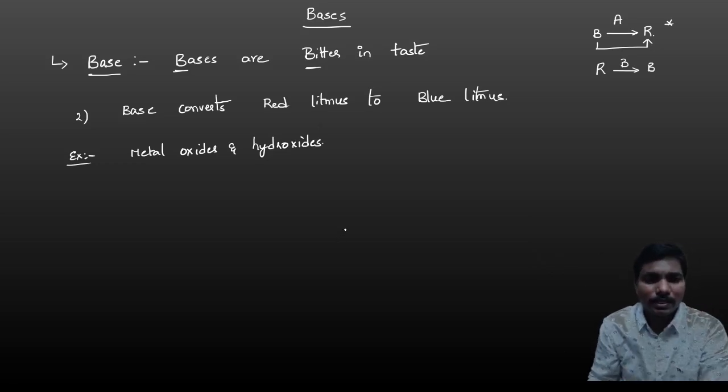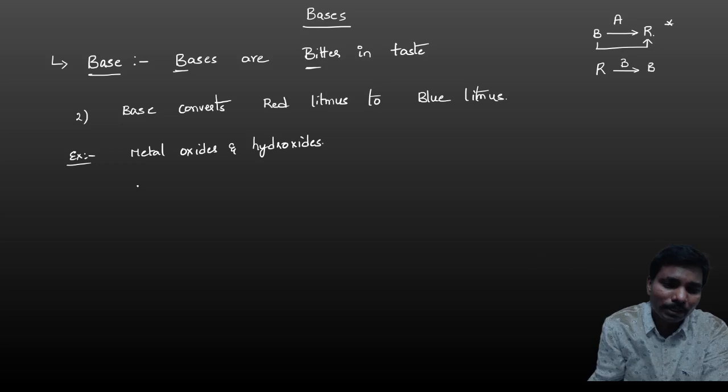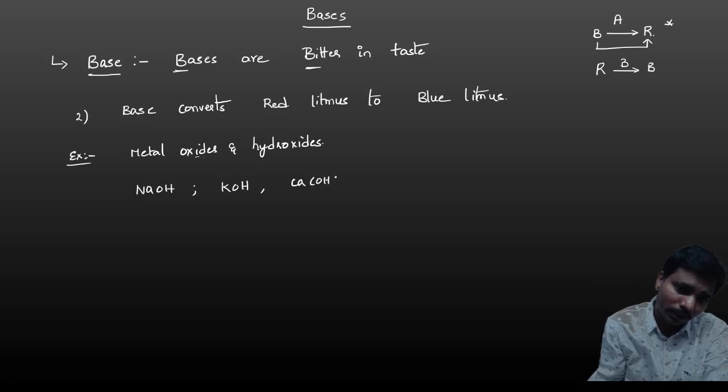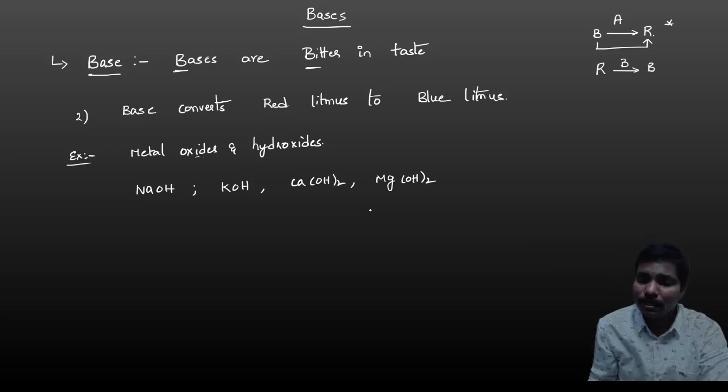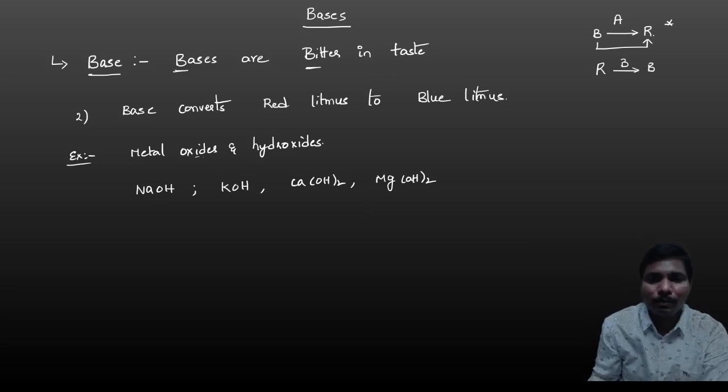These are basic in nature. For example, let us take some metals: sodium, so the hydroxide, NaOH, potassium hydroxide, calcium hydroxide, magnesium hydroxide. So metal hydroxides or oxides are basic in nature. You can simply remember by using this trick.